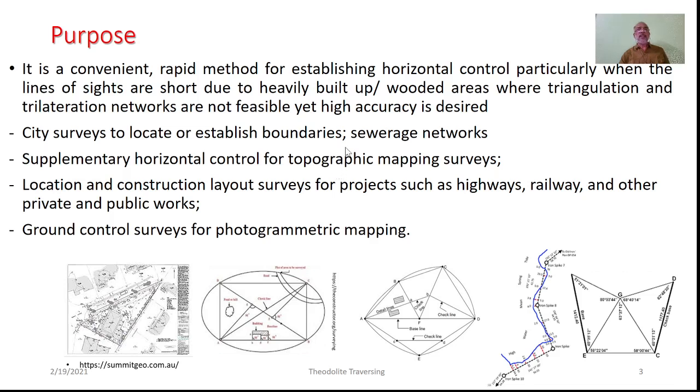Also, the technique is beneficial to establish the ground control survey for aerial surveys.